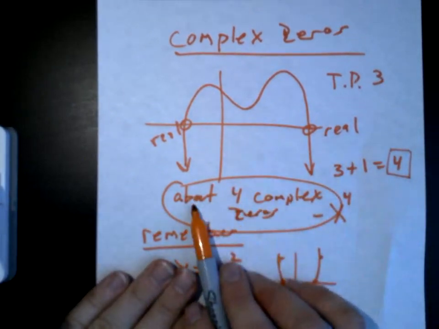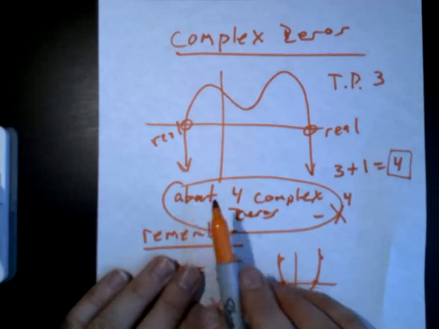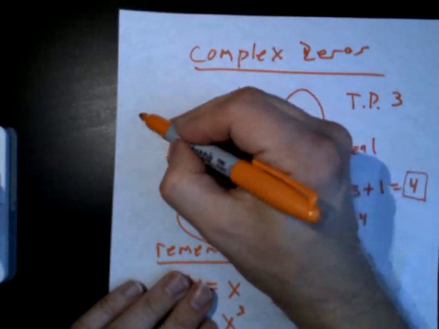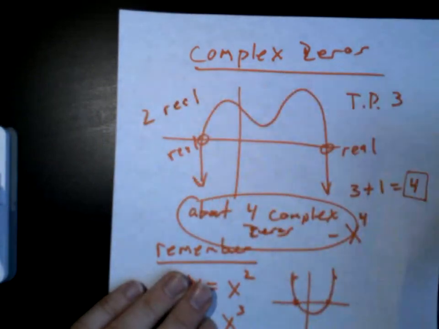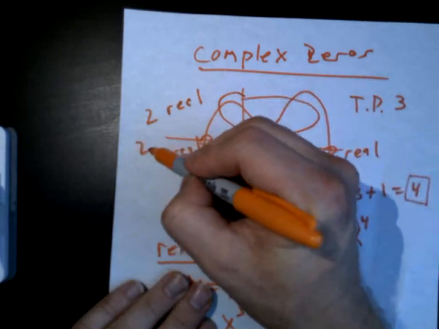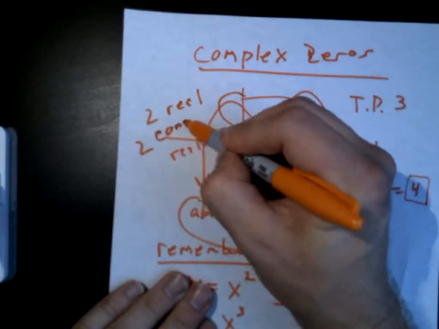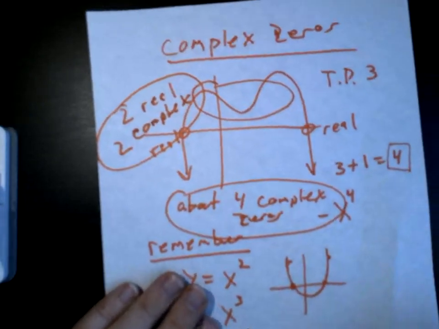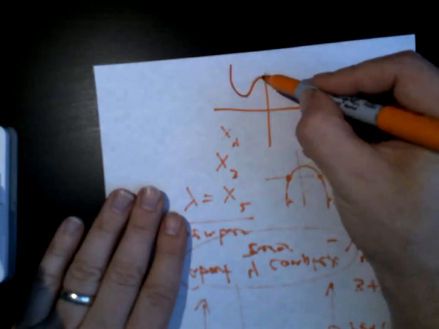But that means that there could be 4. In this case, there's 2 real numbers. So there's 2 real, but I need to go to 4. That means somewhere up here, there's 2 complex.